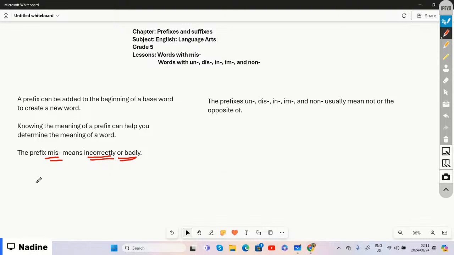Let's say misjudge. Misjudge is where I judged you incorrectly, or I judged you for something that you didn't do. It's a mistake, something that you did incorrectly.